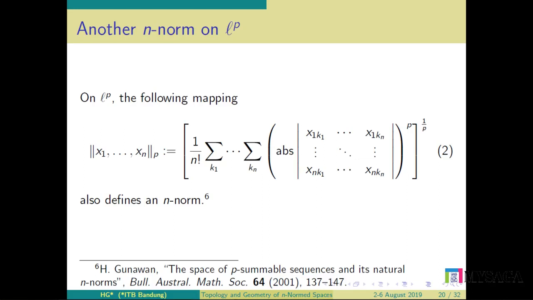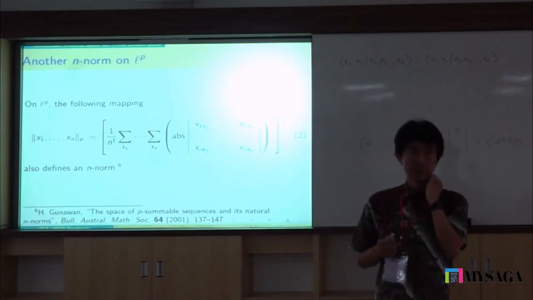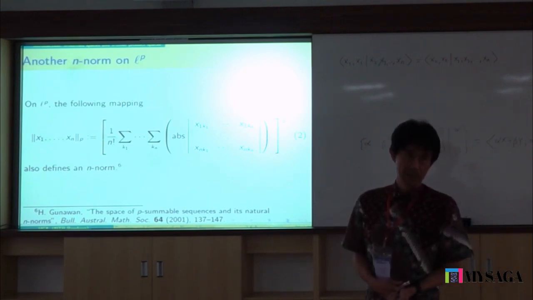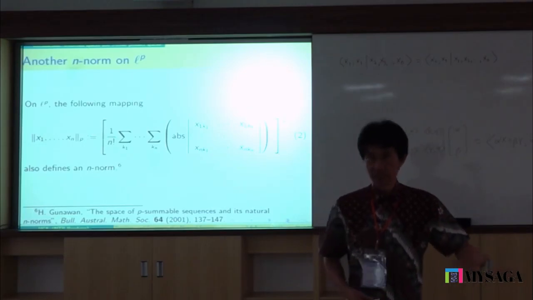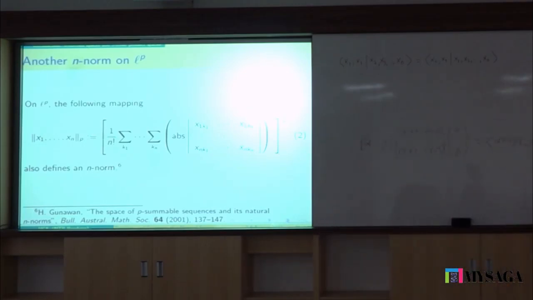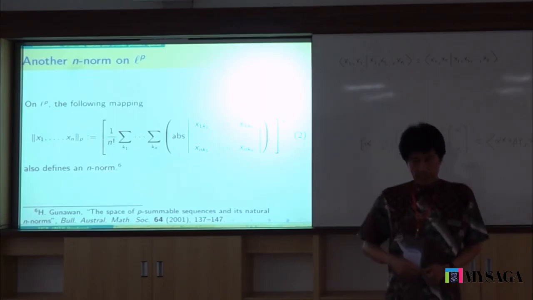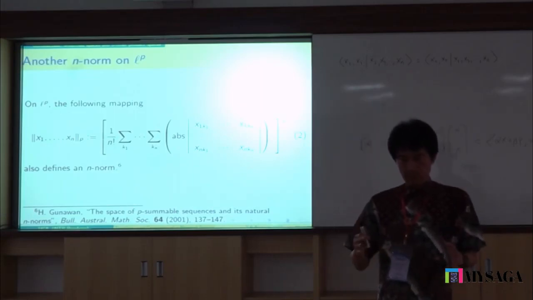I wrote a paper about this in 2001, and of course you might ask, how did I get the idea? For p equals 2, L2 is an inner product space, and the dual of L2 is itself, so you know the sum is actually the inner product, and then the determinant like this.